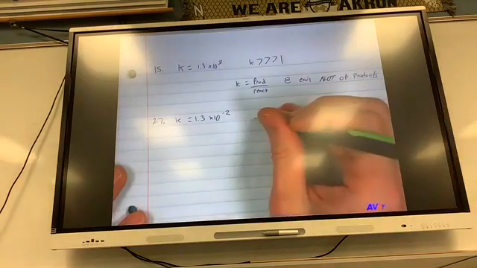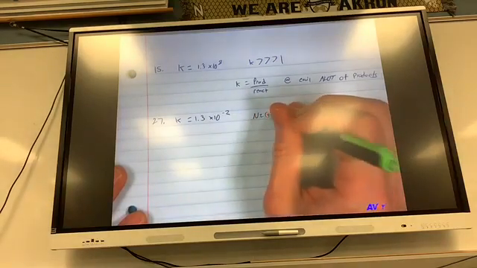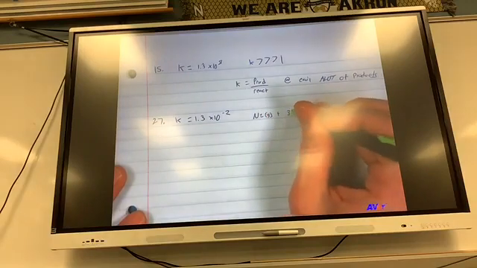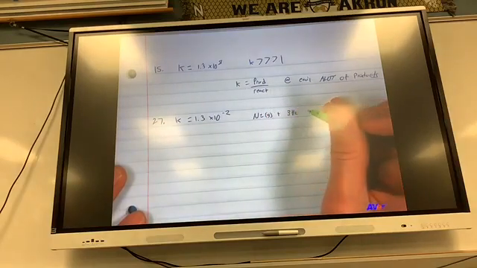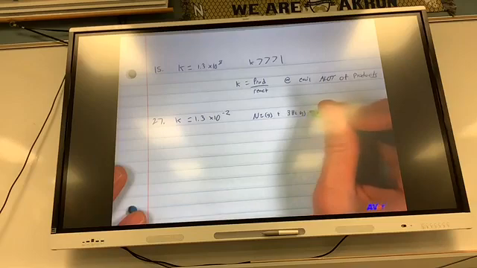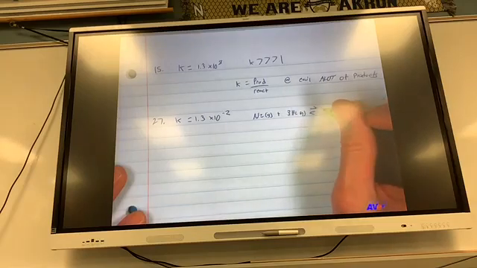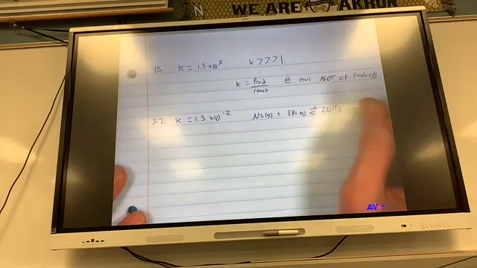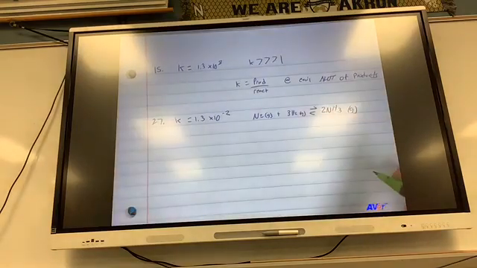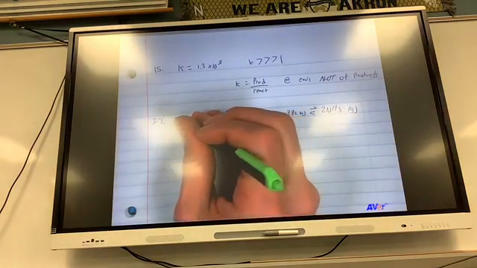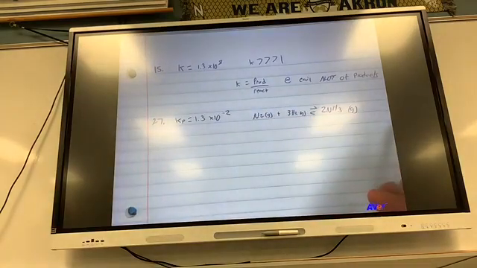And the reaction is N2 gas plus 3 H2 gas is in equilibrium with 2 NH3 gas. And really this should be Kp because these are all gases.